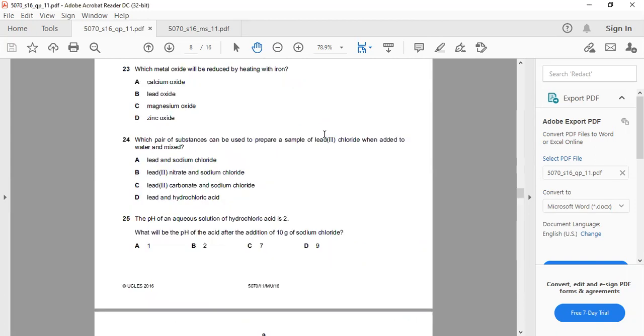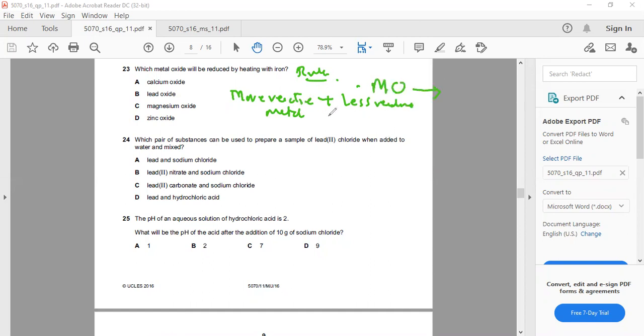Which metal oxides will be reduced by heating with iron? You have to know this rule in the reactivity series: a more reactive metal can reduce a less reactive metal from its oxide.